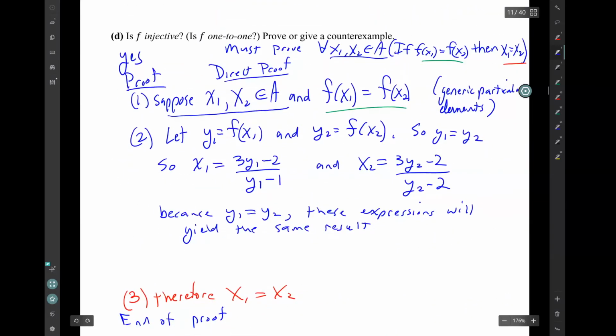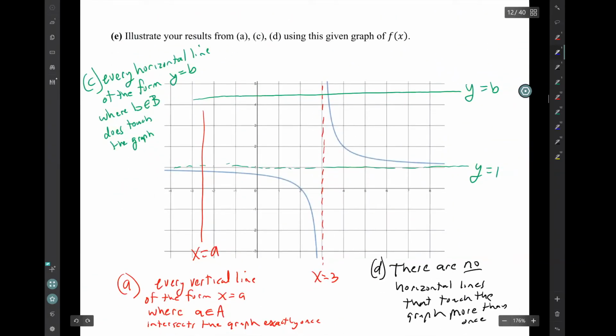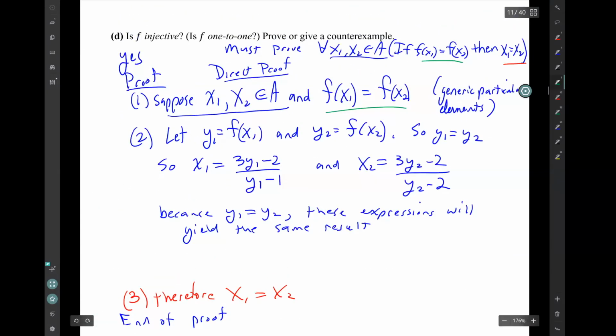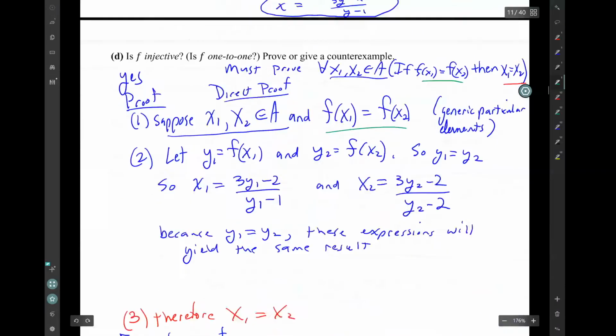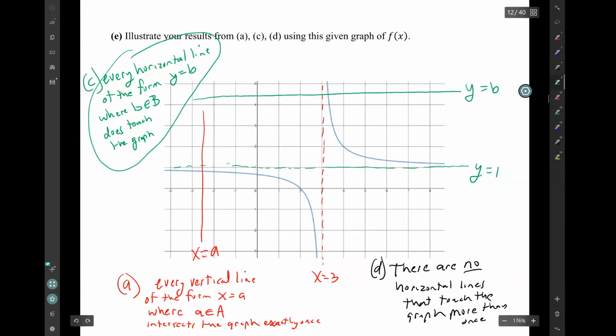And on the graph, that looked like this. Every horizontal line of the form y equals b, where b is in that set capital B, the set of real numbers not equal to 1, every horizontal line of that form does intersect this graph.